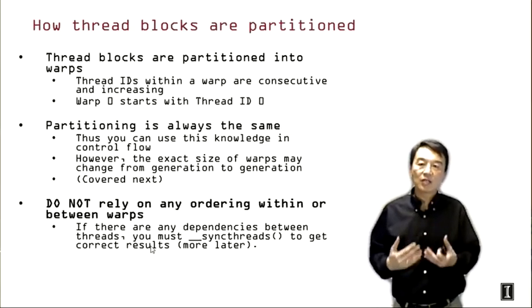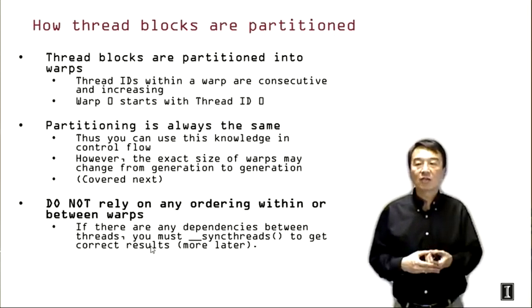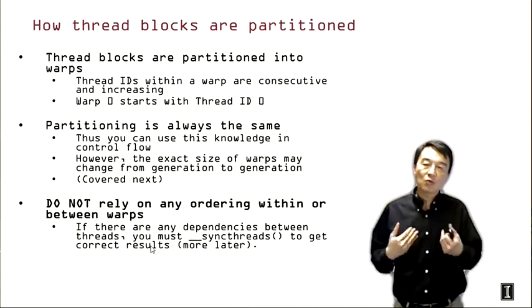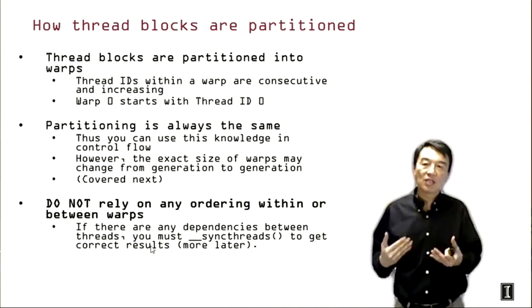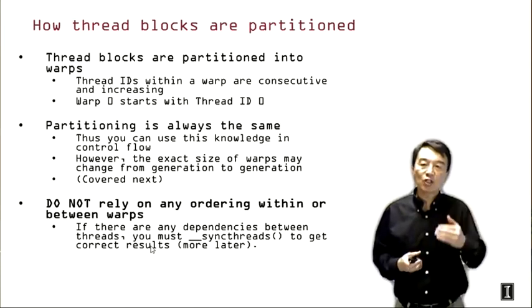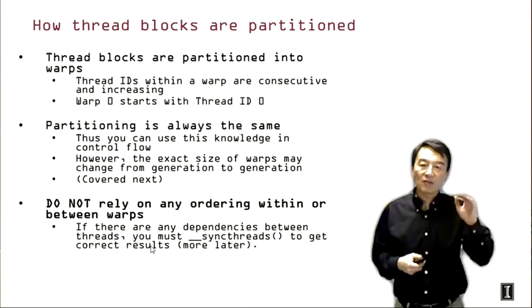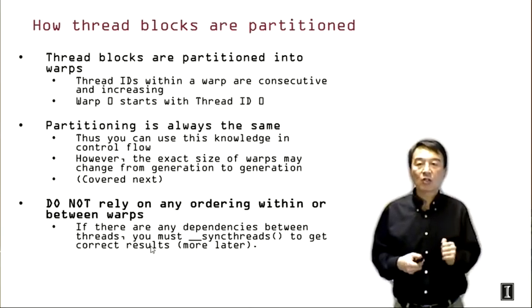Now that we understand some of the basics, we can look at the implications on the execution of warps. Remember that these warps execute in single instruction multiple data mode. Let's say we have a branch instruction in the program, and there are 32 threads all executing that branch instruction.